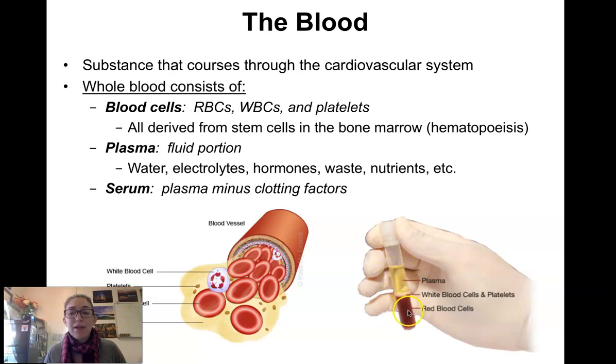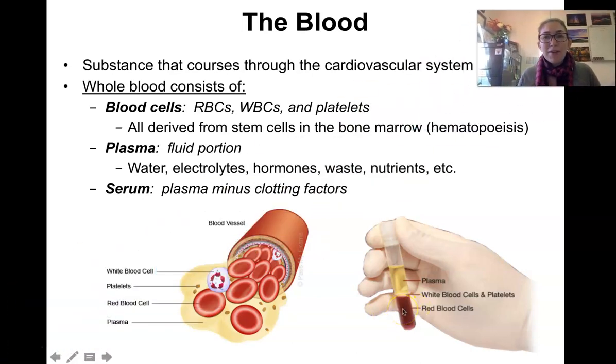Your red blood cells here, the purpose of the red blood cells is mainly to transport oxygen. They're basically just packets of hemoglobin. So you do need a certain number of red blood cells in order to efficiently transport oxygen to your tissues.